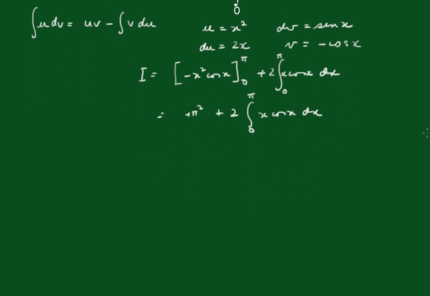Okay, so now we have to go again. So we're going to work out the integral of x cos x dx. So let u equal x and dv equals cos x. So du is equal to 1 dx and v equals, now the integral of cos x is sin x.